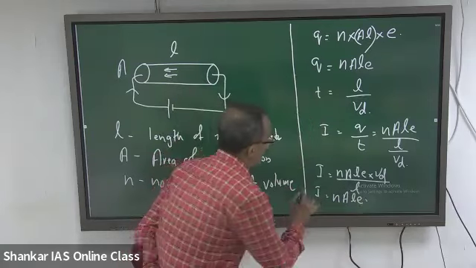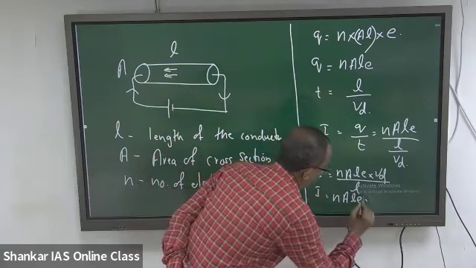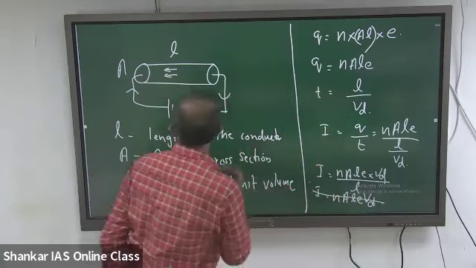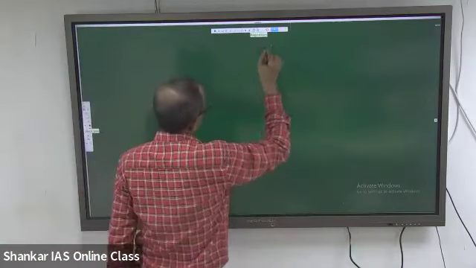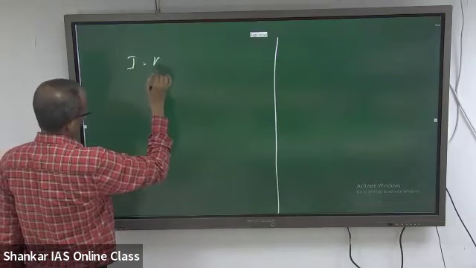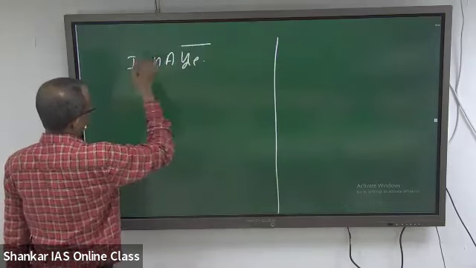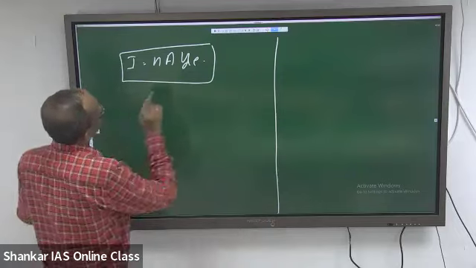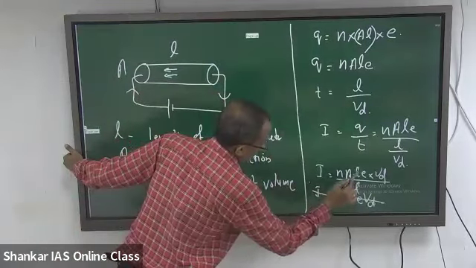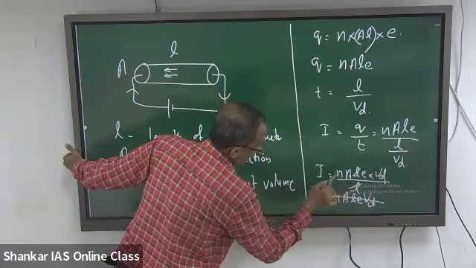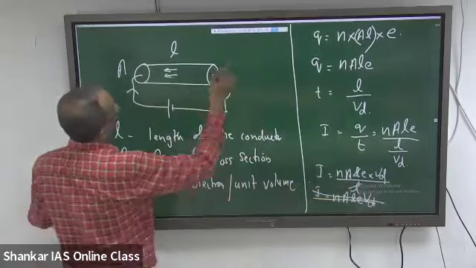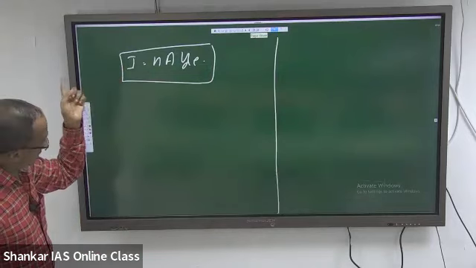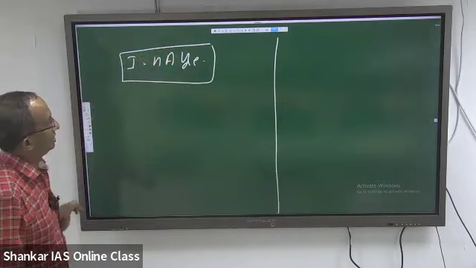This is the relation relating electric current and drift velocity.